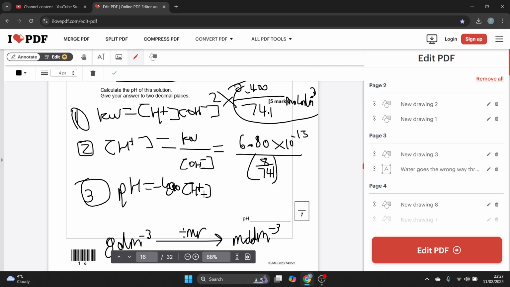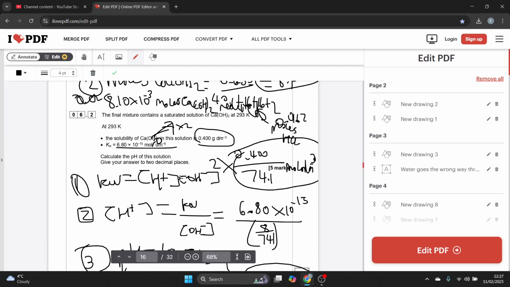So you get that, 6.80 times 10 to the power minus 15 divided by 8 divided by 741, that's the concentration of H plus. Then pH is minus log 10 of my answer: 12.20. Perfect.